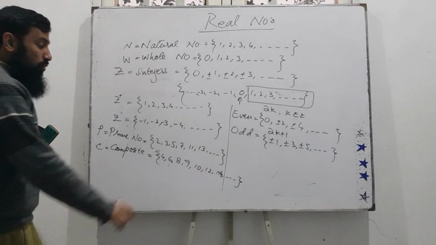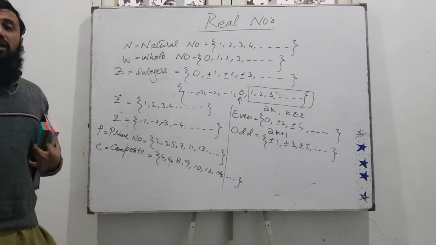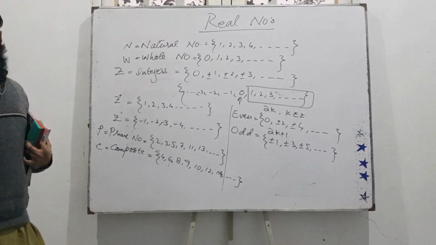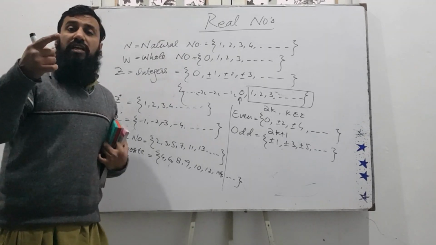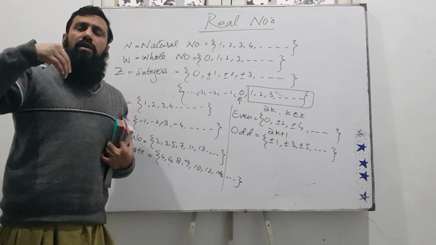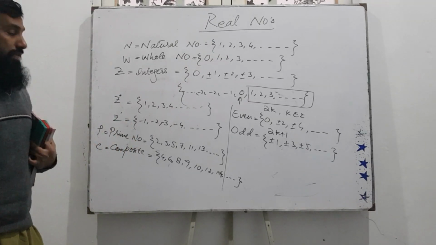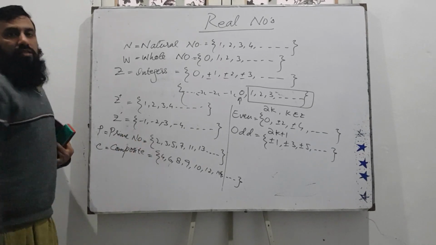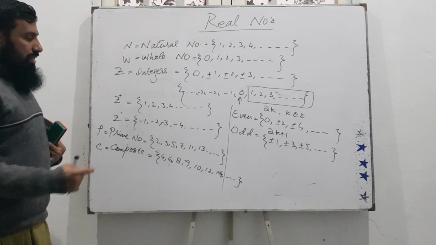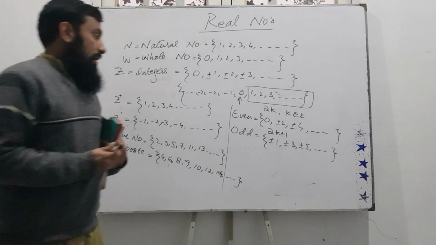These are those numbers which are divisible by itself and by 1, and there is another factor, or maybe more than two factors, which can divide these numbers. So such numbers are called composite numbers.